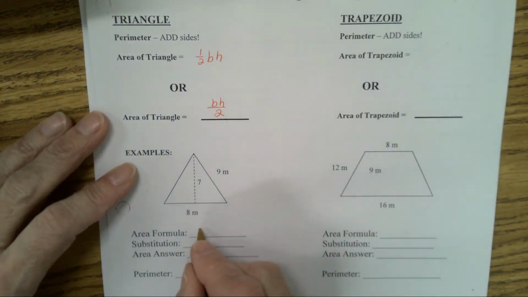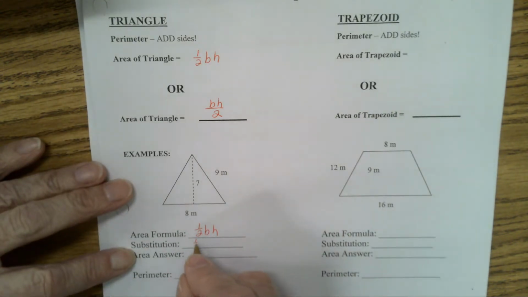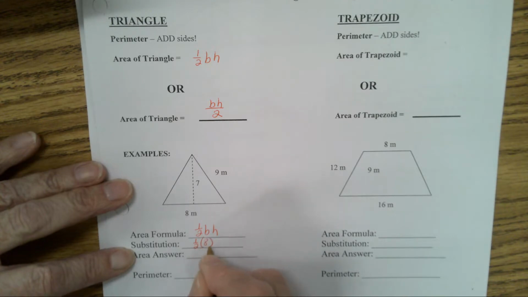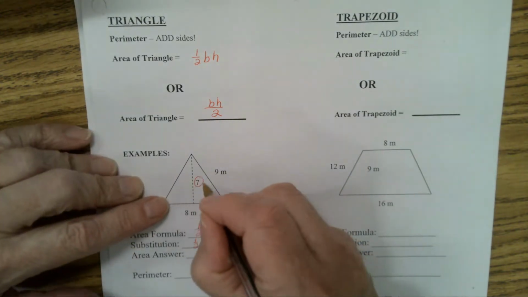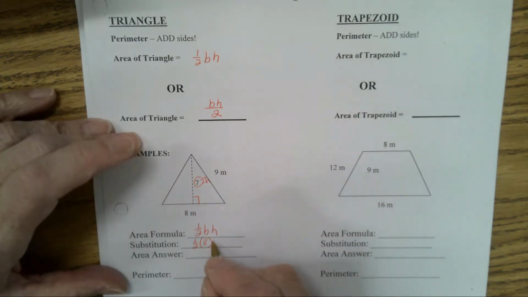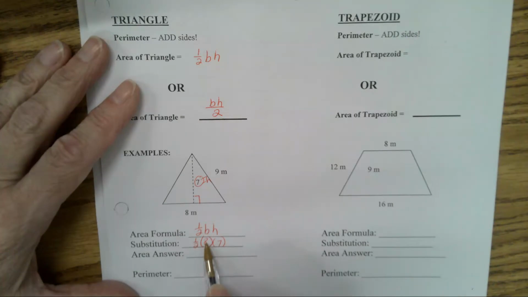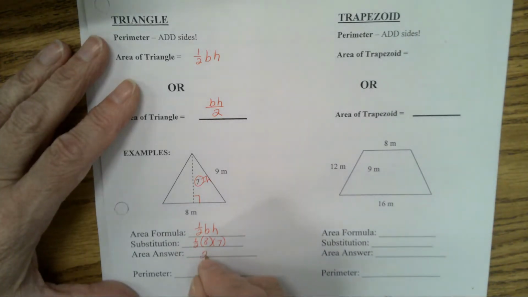Area formula, 1/2 base times height. Substitution. You're going to take 1/2 times 8, and 7 is the height. That's a perpendicular distance. Times 7. Half of 8 is 4, and 4 times 7 is 28 meters squared.